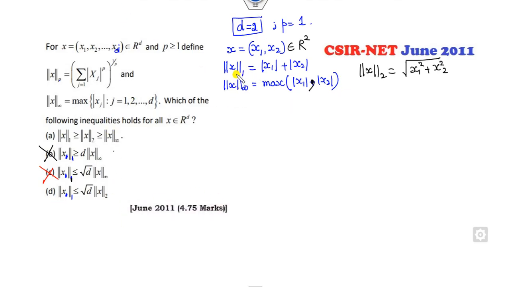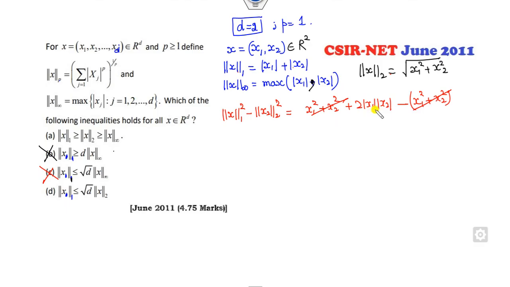So now what is that norm of 1? I can start from here, this minus this. What is that? This is x1 square plus x2 square plus 2 times x1 x2 minus this value. Fine.